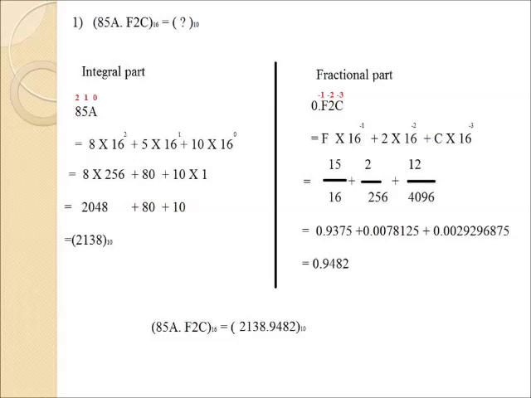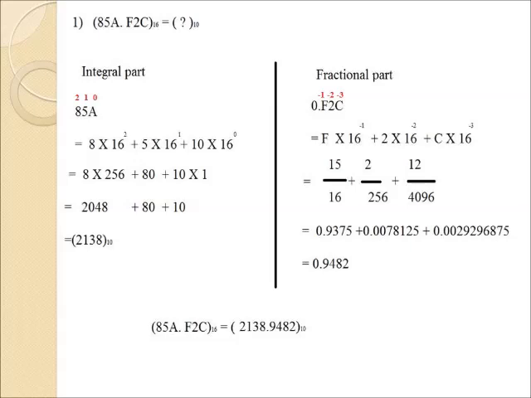So it will be 15 by 16 plus 2 into 16 raised to minus 2. 16 raised to minus 2 can be written as 1 by 256, so it will be 2 by 256, plus, we know that C is equal to 12, 12 into 1 by 16 raised to 3.